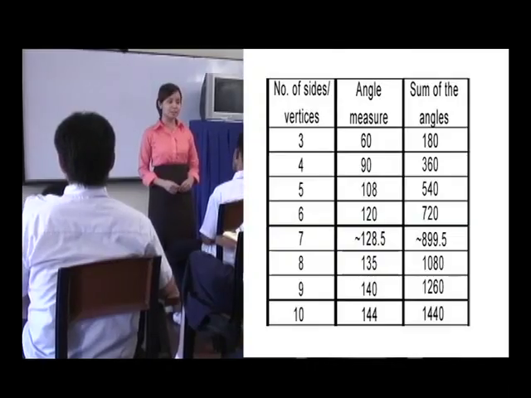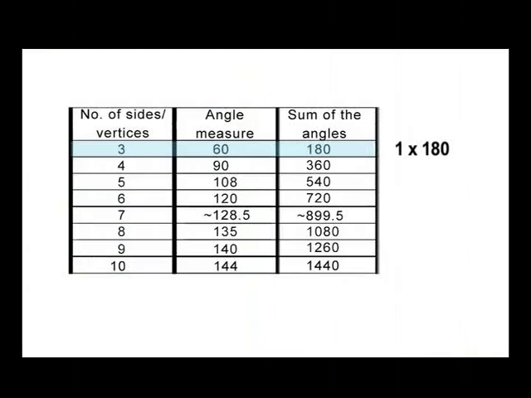Can you express the sum of the angles in terms of the number of vertices or sides? Well, 180 equals 1 times 180. 360 is equal to 2 times 180. 540 is equal to 3 times 180. 720 is equal to 4 times 180. 900 is equal to 5 times 180, and so on.